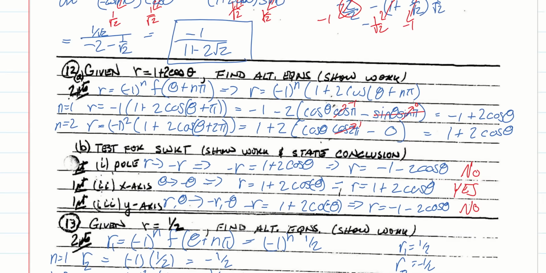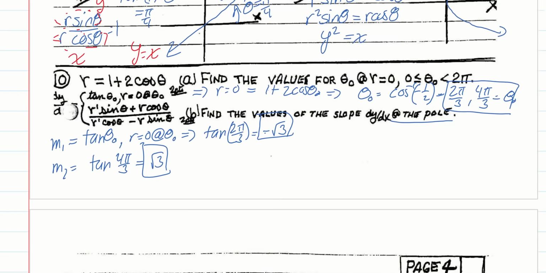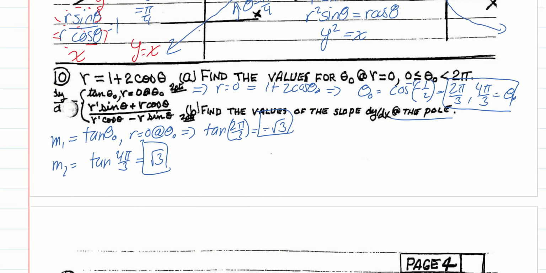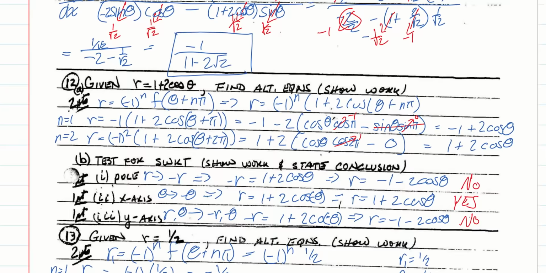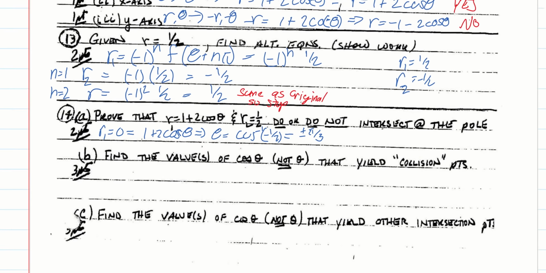But for r2, we do not get that. r2 is 1/2 and cannot equal 0. So they do not intersect at the pole.